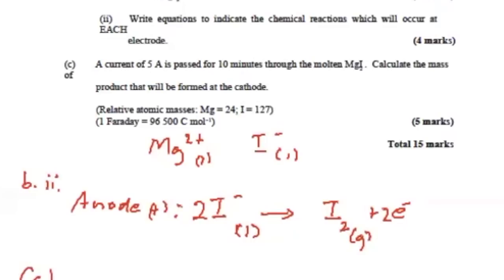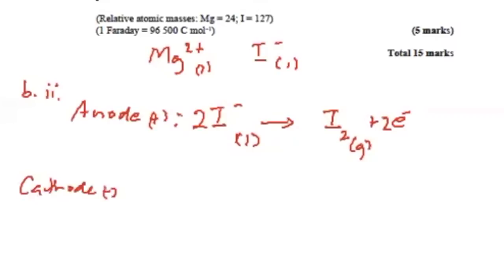At the cathode, which is the negative electrode, we would have magnesium ions going there, liquid, and they will gain these same 2 electrons. So these 2 electrons that are just produced at the anode, they would travel over via the circuit and they would be gained at the cathode.